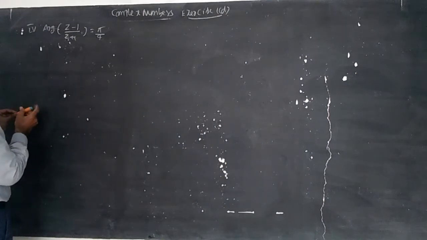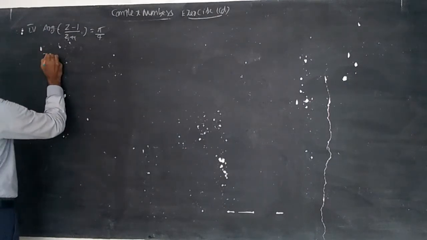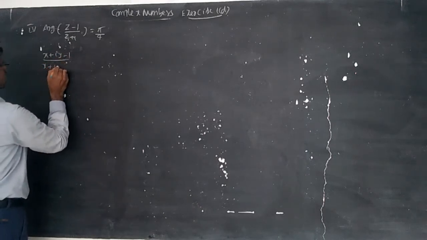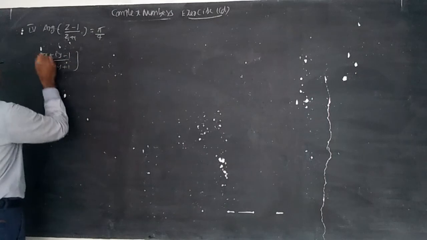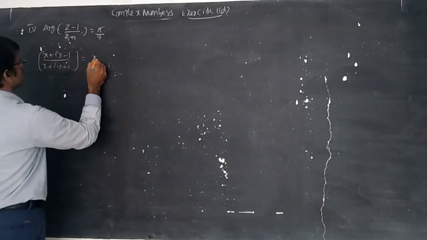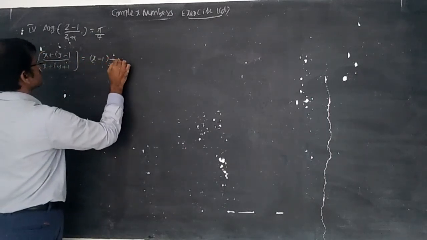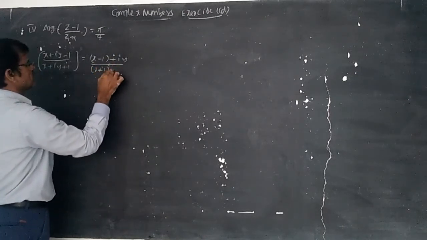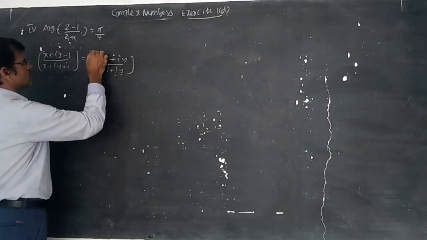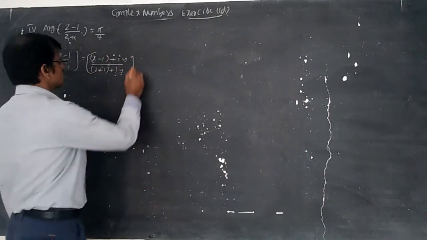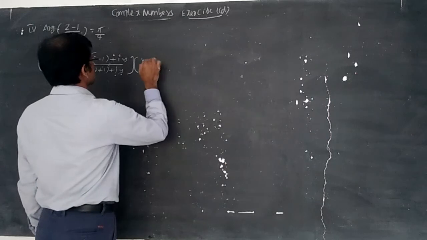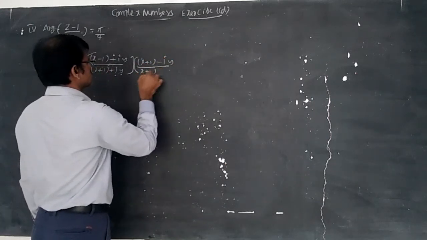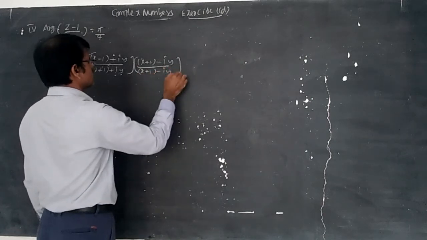Let us consider z is equal to x plus iy: (x plus iy minus 1) by (x plus iy plus 1), that is, (x minus 1 plus iy) by (x plus 1 plus iy). Rationalize: multiply by (x plus 1 minus iy) by (x plus 1 minus iy).